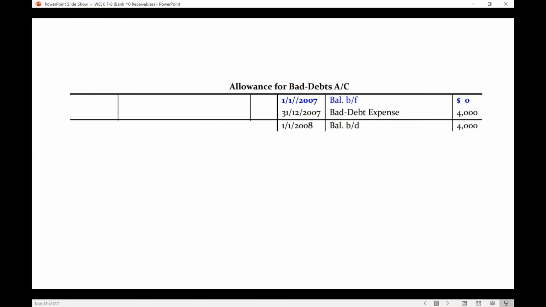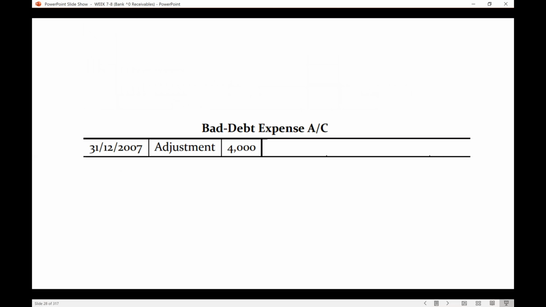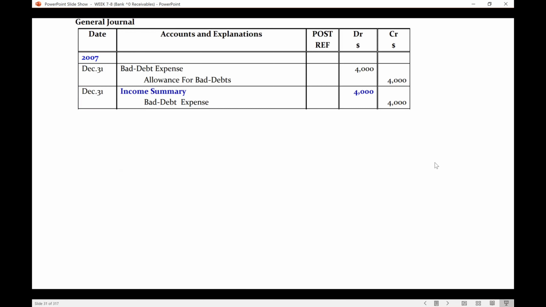But remember, this is the expense account that we're looking at. It had the debit here, nothing was on the credit side. So to close it out, we credit the expense account and we're closing it out to our income summary account. So that's why we're debiting income summary and crediting the bad debt expense.